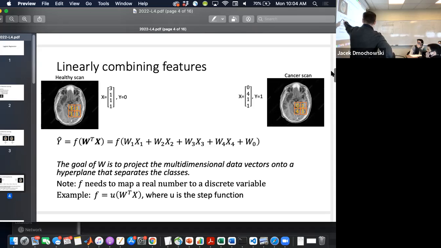If it's a linear function, we will not be able to produce a discrete target variable Y. Logistic regression is really composed of two things: a linear combination of your features, in this case a linear combination of the pixels, plus what's called a static nonlinearity.